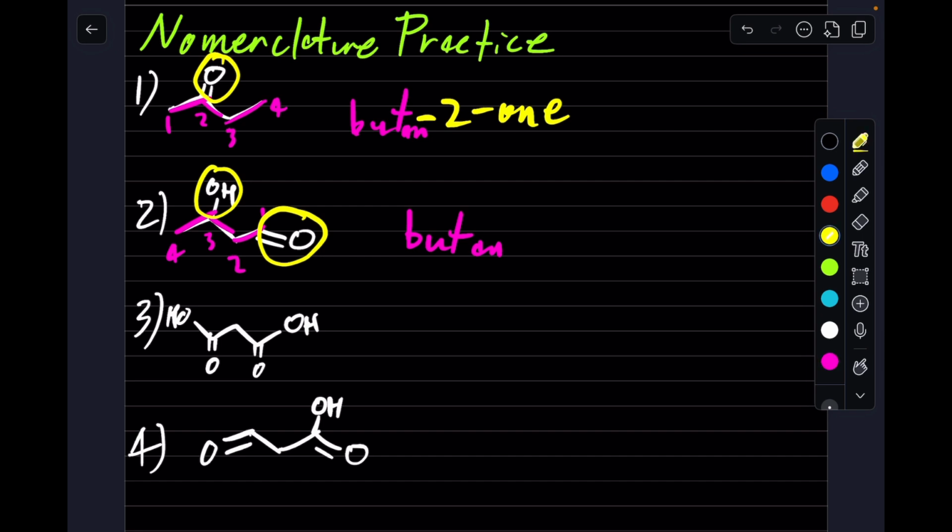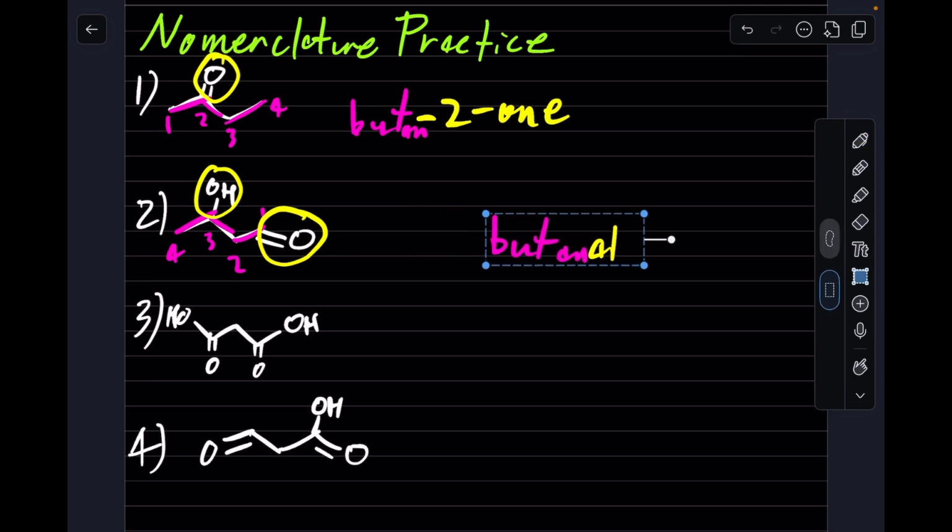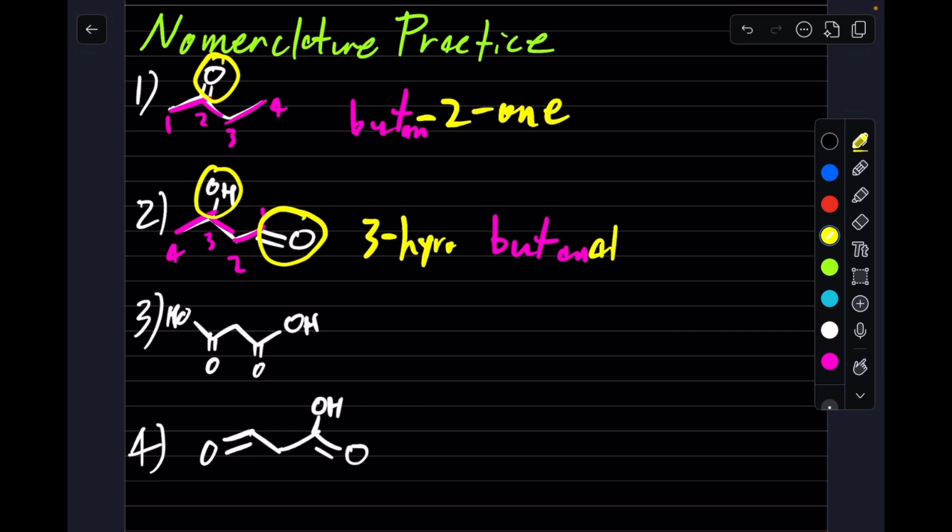So that means the aldehyde is going to be at the back, whereas the alcohol is going to be at the front. And it's on carbon 3, so 3-hydroxy. Hold on. Butanal, with an A.